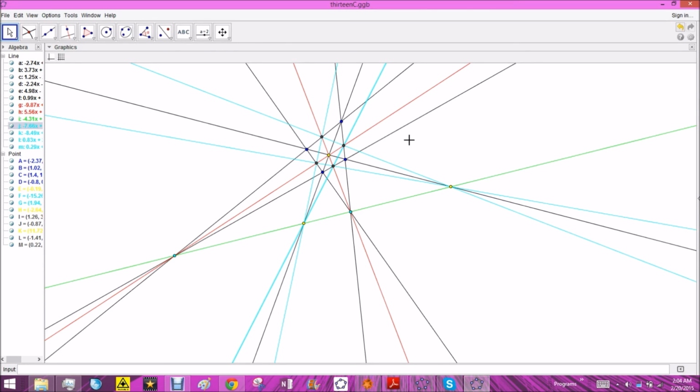And we also have a set of 4 points, and we also have this diagonal of 3 points, this diagonal triangle of 3 points. So that gives us 13 points.